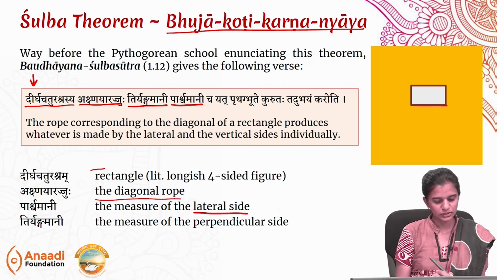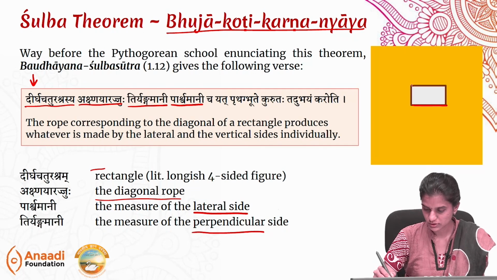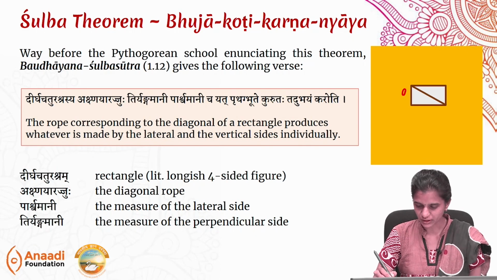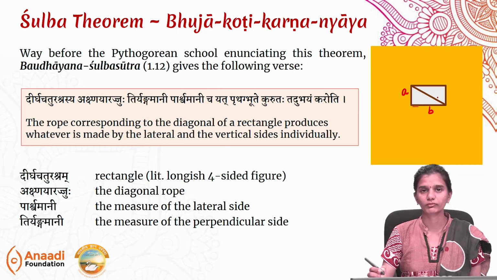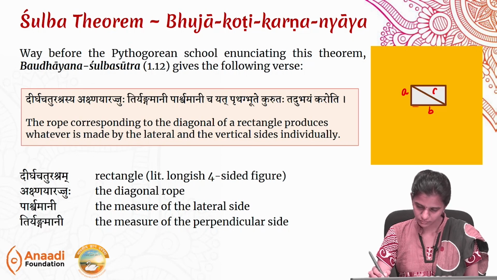Tiriyangmani means the measure of the perpendicular side, that is this. Now, let us take this length to be A and this length to be B and the length of the diagonal be C.